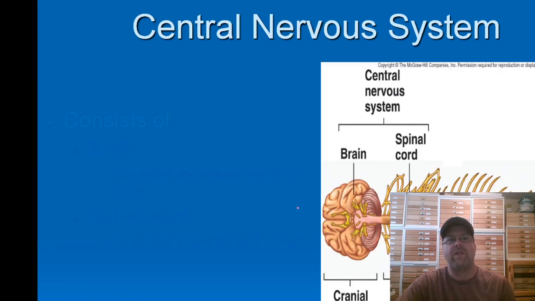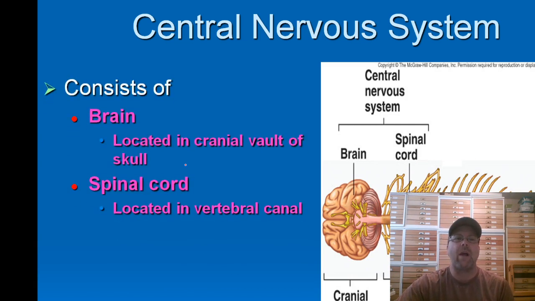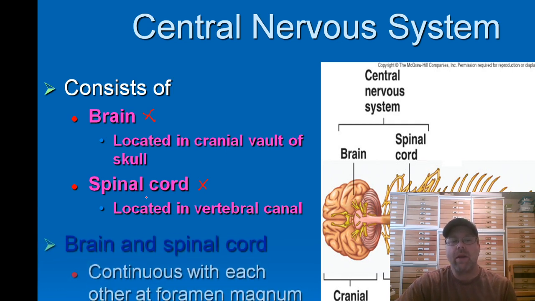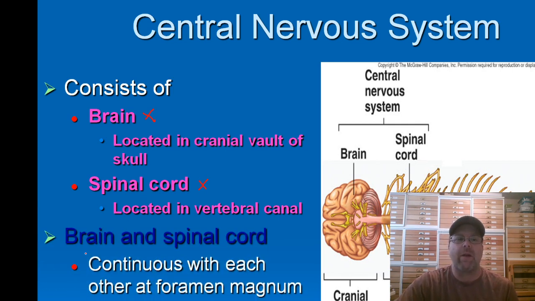Now, the central nervous system is made up of just the brain, remember, and just the spinal cord. So all of these yellow accessory structures that you see on this picture, those are all not part of the central nervous system. It's just the brain and spinal cord. Now, one of the interesting things about the brain and spinal cord is that they're actually one thing.